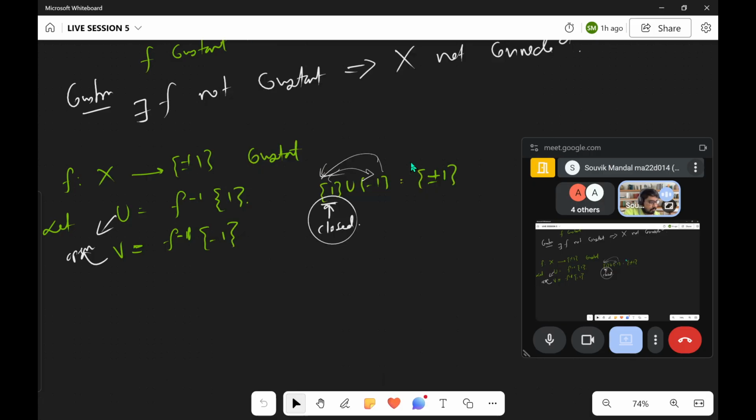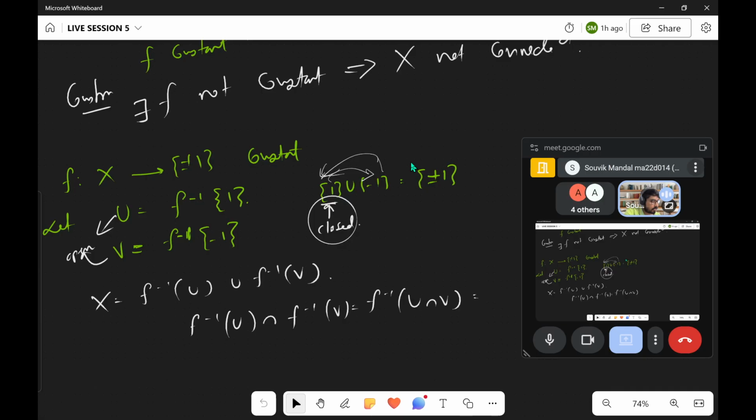And so x equals f inverse u union f inverse v. Sorry, there it should be u and v only. Sorry, it is not f inverse u intersection v.